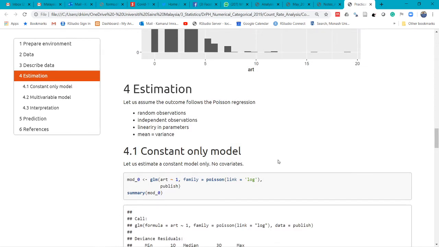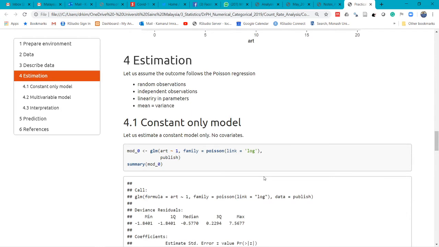Let's assume that the outcome, the distribution of the number of articles, follows the Poisson distribution, and they are random observations and also independent, and they fulfill the linearity in parameters, and mean equals variance. Then it's good to run Poisson regression.